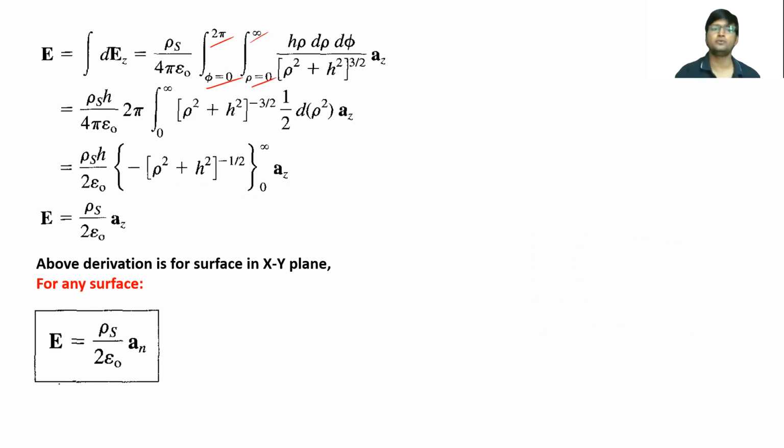All you have to do now is put all these values in the surface integral. This one is very simple with respect to the previous case. If you put all these values, what you are going to get is E equal to rho s upon 2 epsilon a_z. One very important thing that comes from here is that there is no expression of h in this formula.